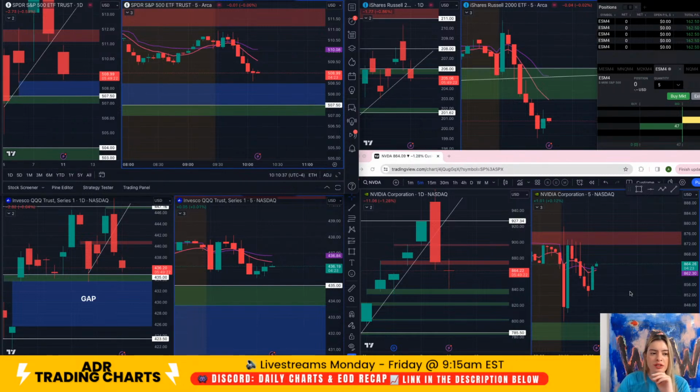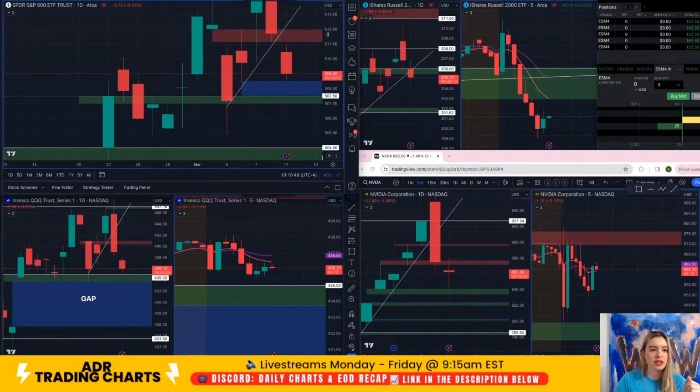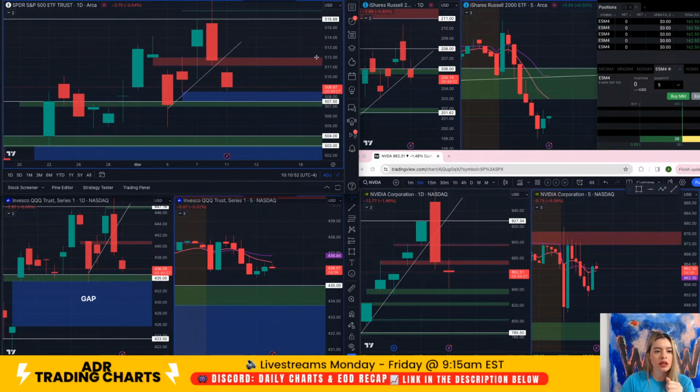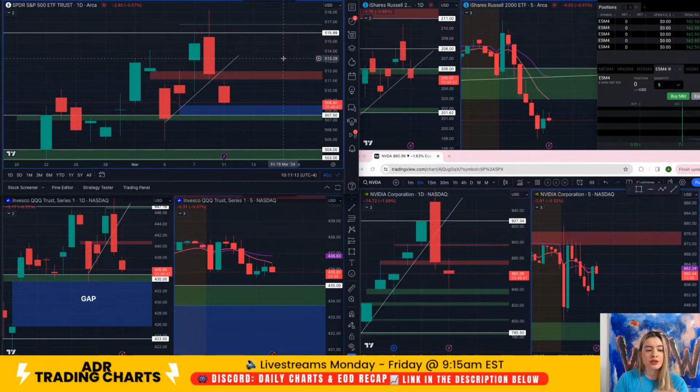I'm gonna be very patient today, and this is why I'm not taking any trades. Last week we had a very strong push to the upside pretty much every single day, breaking new highs on pretty much all tech stocks, SPY, the Q. On Friday, we had a huge sell-off, printing bearish engulfing candles. When you have an engulfing candle, it means change of direction.